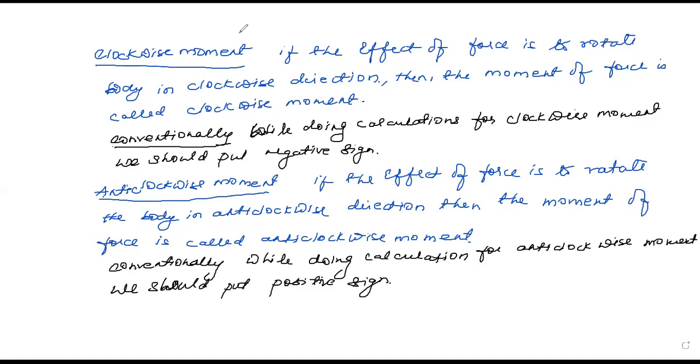The next formula is about moment of couple. Now, what is moment of couple? Moment of couple is again the second formula. Moment of couple is equal to either force.